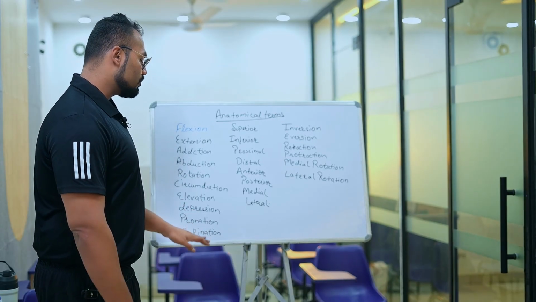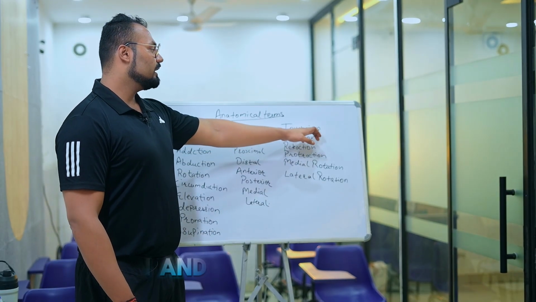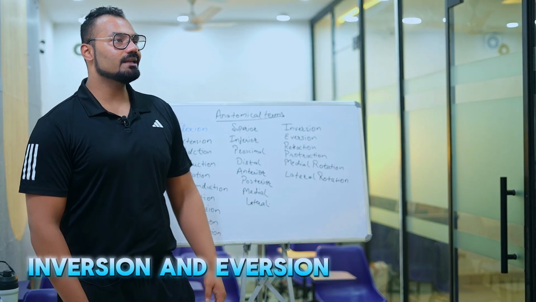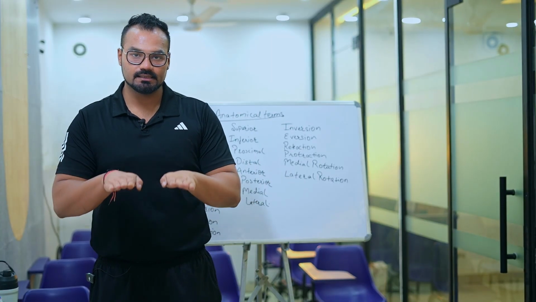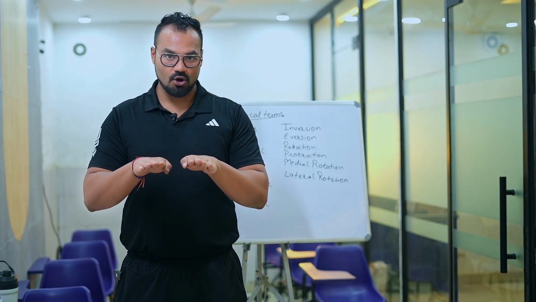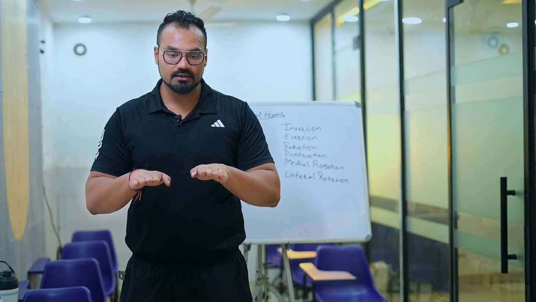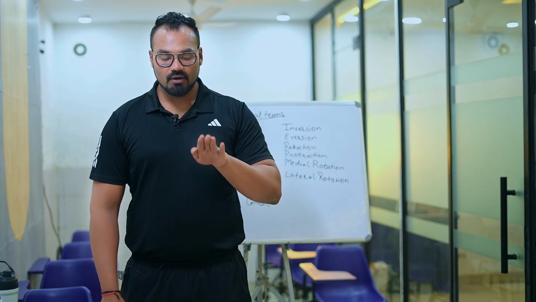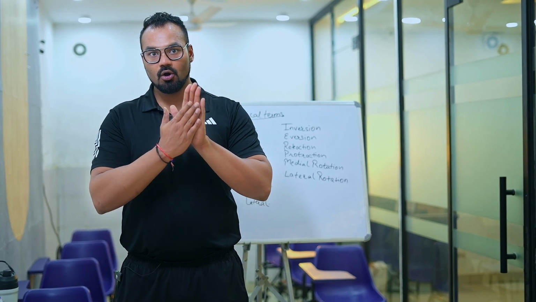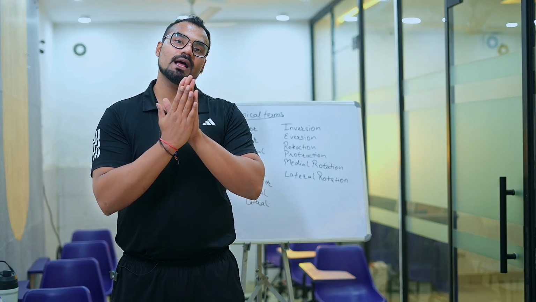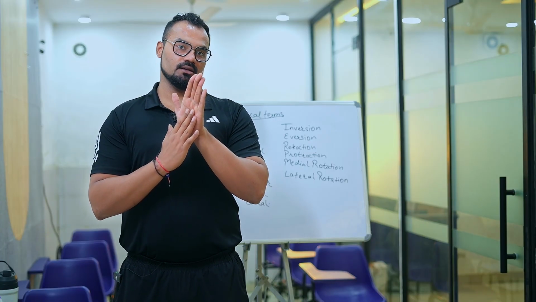Now after pronation and supination, we have inversion and eversion. So imagine these hands are not hands, these are my feet, and these feet have two portions. One is the bottom one, on which you stand. This is known as the plantar surface.